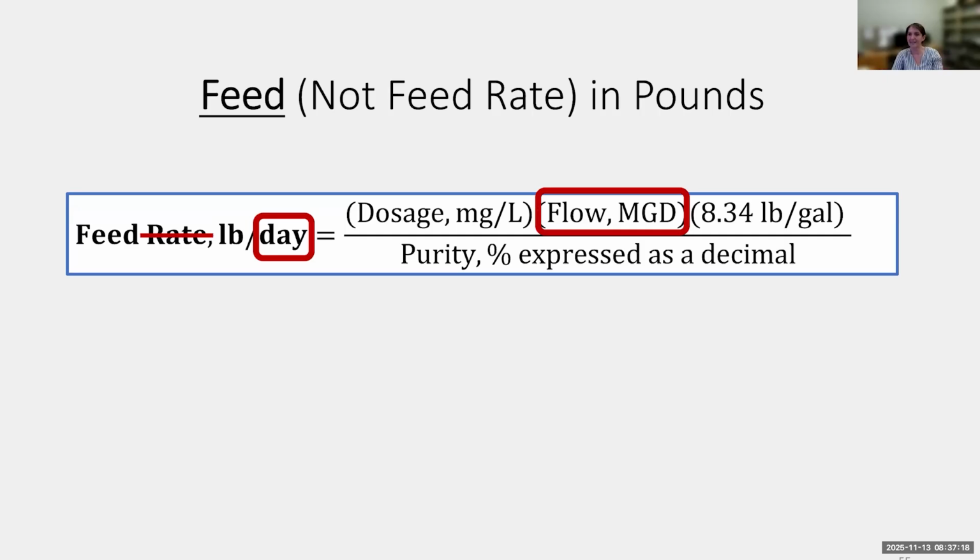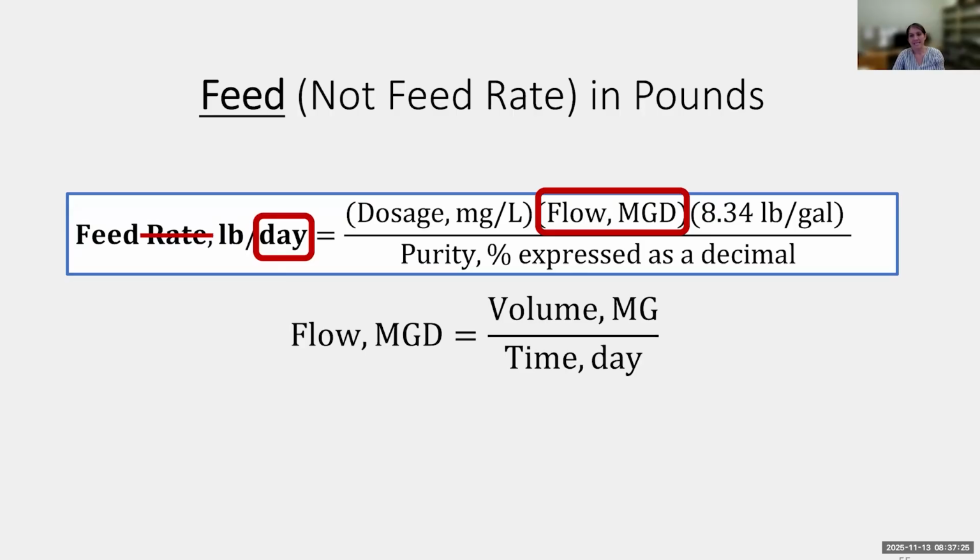We're actually getting that time component in our solution from our flow. Now, like I had said, flow is equal to volume in millions of gallons divided by time in days. So if we want to get rid of days in our answer, we just want to get rid of the time, the day component, in our flow.